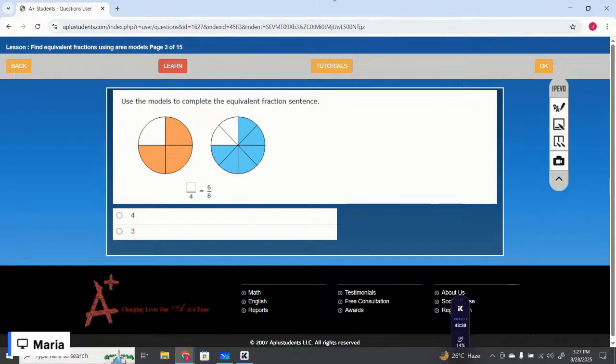Use the models to complete the equivalent fraction sentence. 6 out of 8 equals, that is 3 out of 4. Option number 2 is the correct option.